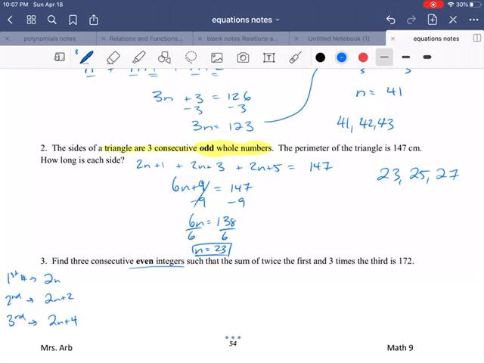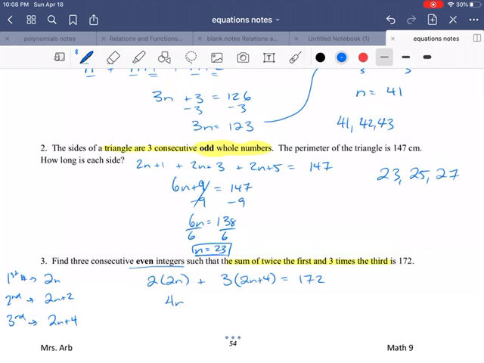All right. The sum of twice the first and 3 times the third. So twice the first, so 2 times 2n, plus 3 times the third, so 3 times the quantity 2n plus 4. I'll make that a little neater. Is going to equal 172.